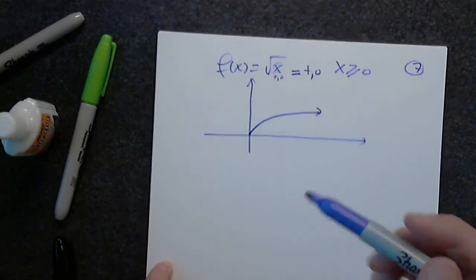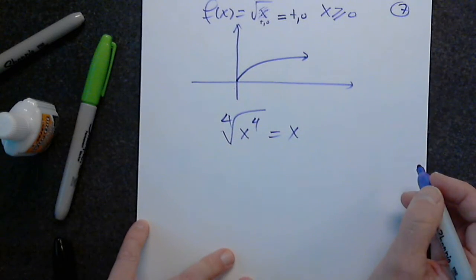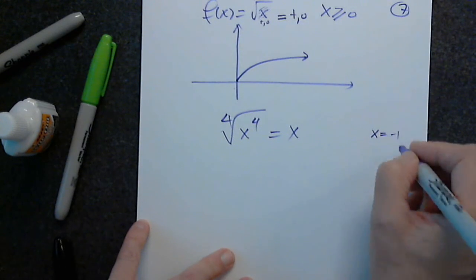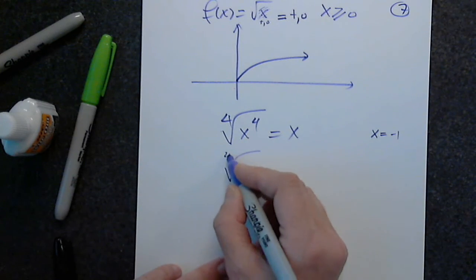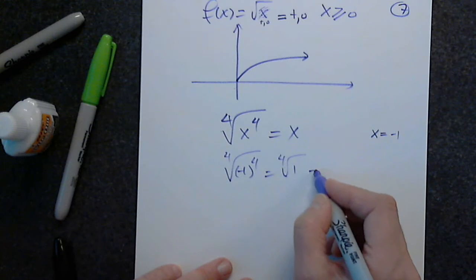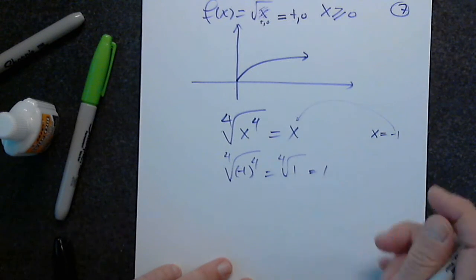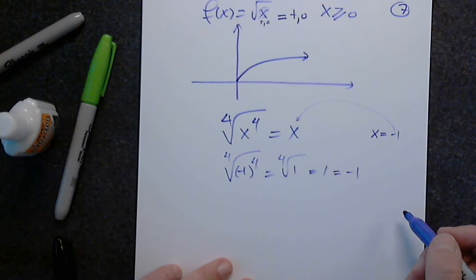So the 4th root of x to the 4th, if I just write x, if I use x equals -1, -1 to the 4th is 1, and this will be the 4th root of 1, which is 1, but then this side is -1. And I'm telling you that 1 equals -1.